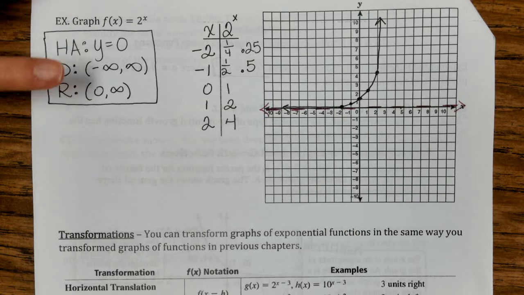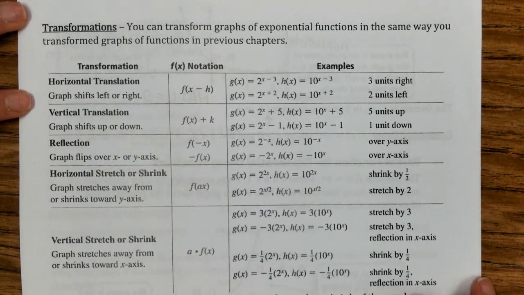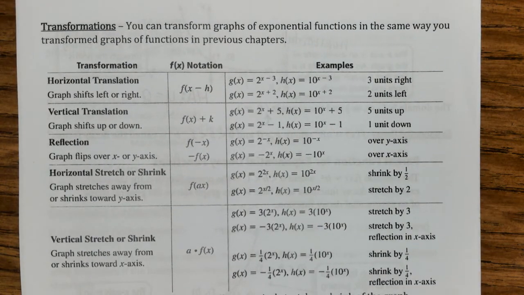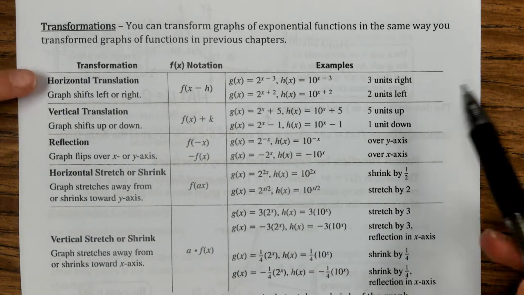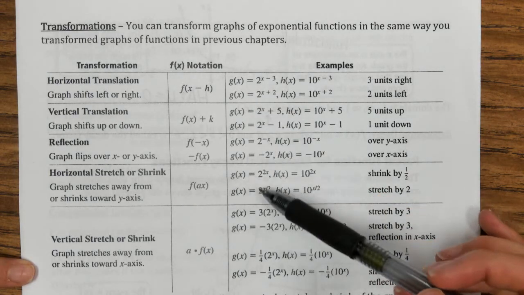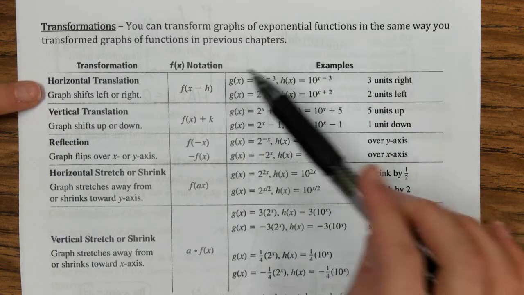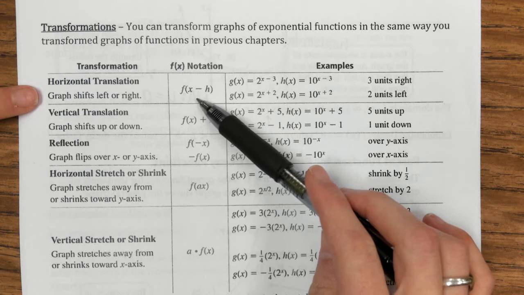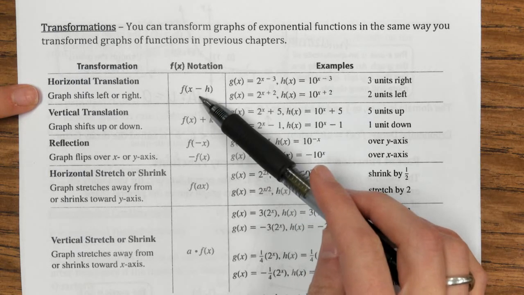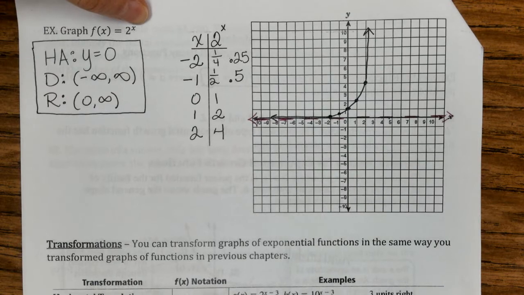Okay. Now your transformations. This is like the 3rd time we're going to do transformations, so you should be familiar with everything. I'm not going to break this whole table down because the only thing that has changed are these examples. We've done it with quadratics, we've done it with cubics. So just pay attention. If it happens to the x, it's going to happen in that exponent.